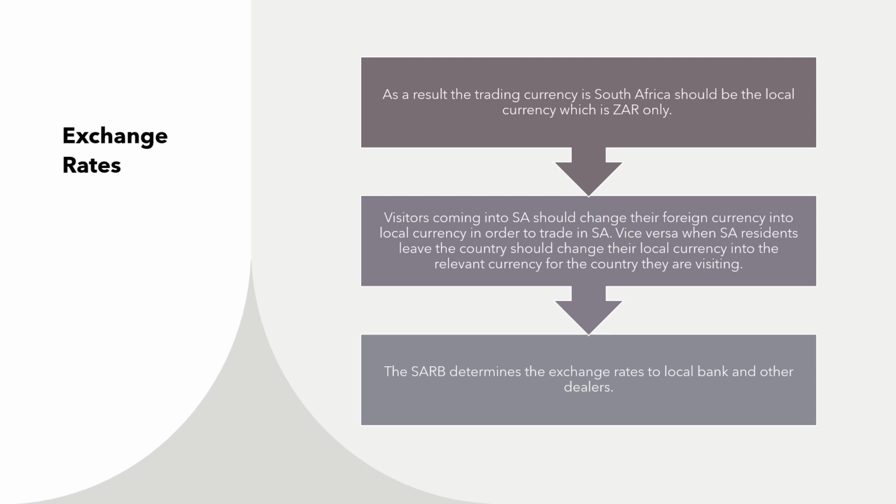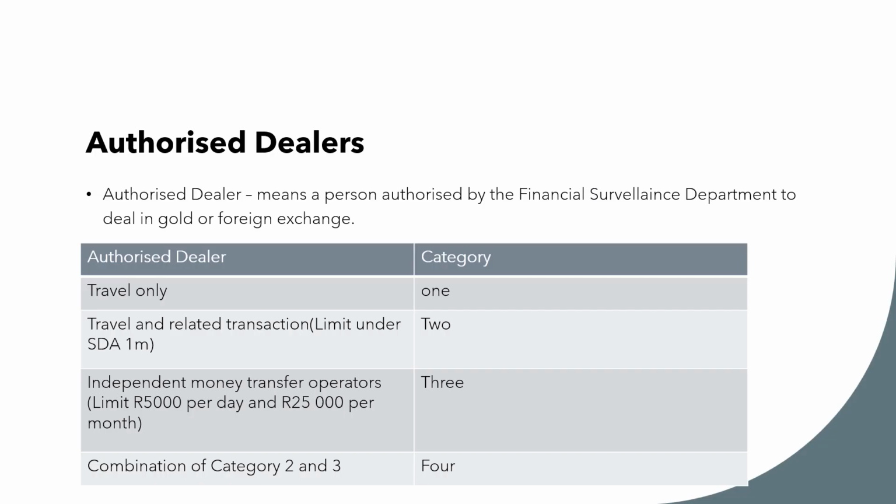So when they set that rate, it all differs. There's a strict limit as to how far they can go, for instance up until 2.5 base. If the rate is sitting at 18 rands straight to the dollar, we can't go to the bank and have the bank give it to us at 19 rand 50.